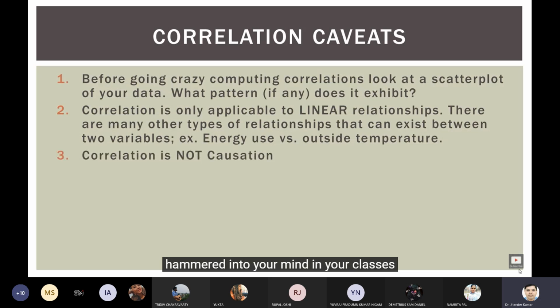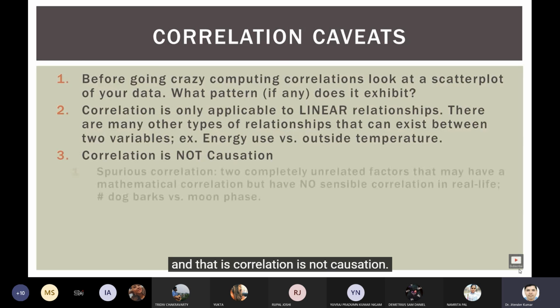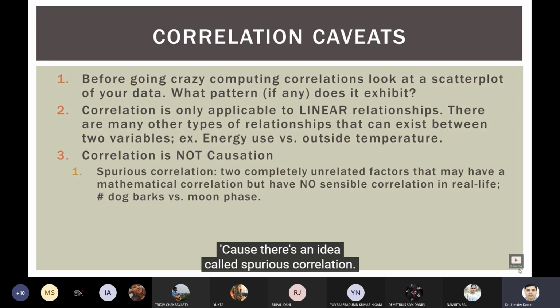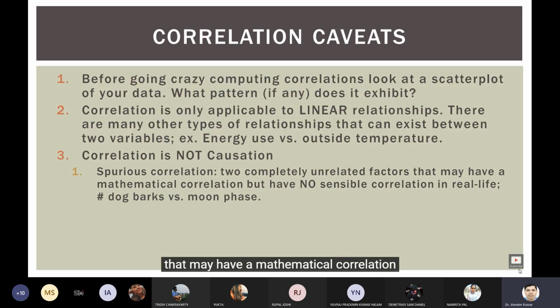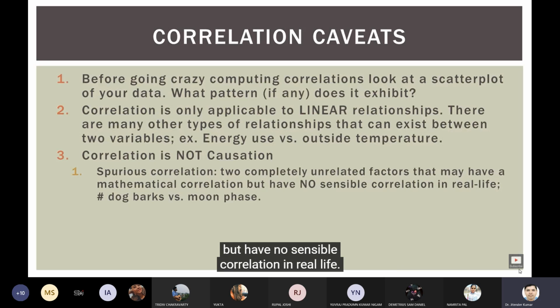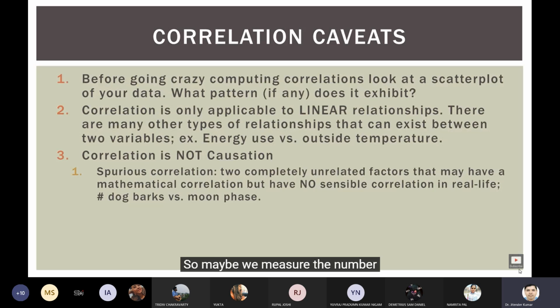Number three, and I'm sure this is hammered into your mind in your classes, and that is correlation is not causation. Because there's an idea called spurious correlation, and that's when two completely unrelated factors may have a mathematical correlation but have no sensible correlation in real life. So maybe we measure the number of times our dog barks, and we keep that data in relation to whatever phase the moon is in.